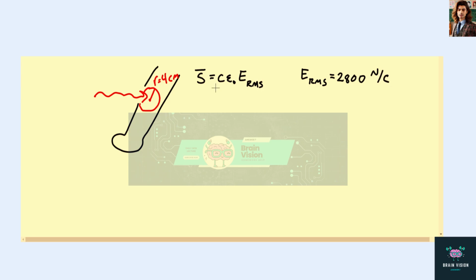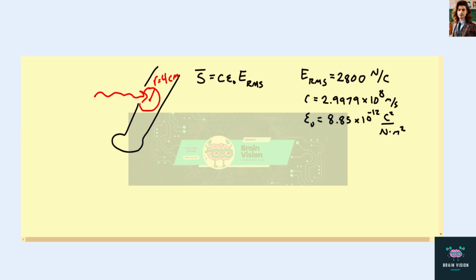And we know what c and epsilon naught are. Those are our constants, c being the speed of light, and epsilon naught is the permittivity of free space, or the vacuum permittivity, 8.85 times 10 to the minus 12. That's units of coulomb squared per newton meter squared, if I recall correctly.